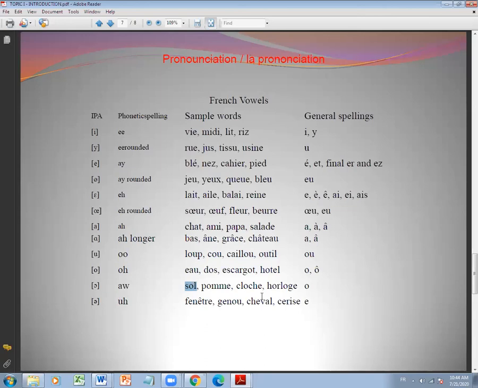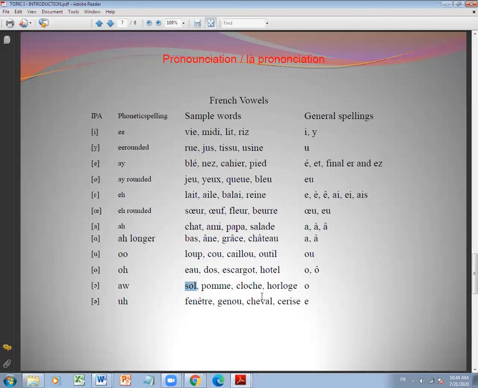Then the last one, where we have the letter O. The last one is fenêtre.